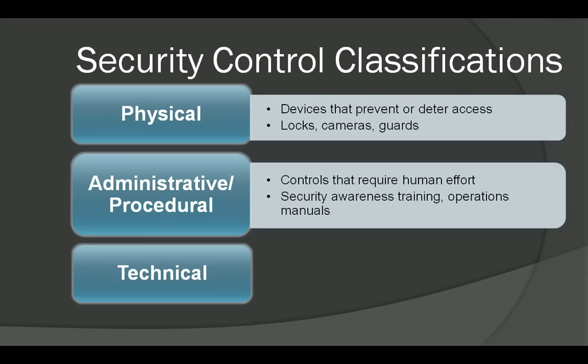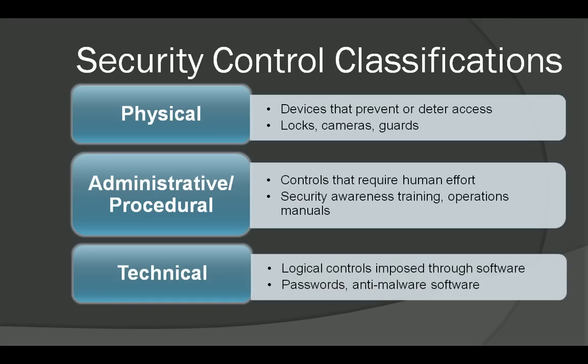So those might be some administrative or procedural controls. The important thing is the human effort. A person has to do those. So those are procedures that we have to codify for humans to follow. And finally, we have technical controls, which are typically automated controls. So things we put in place to support those policies. So, for example, we could put a firewall in, or we can put antivirus in, and that would be a technical control to enforce that policy.